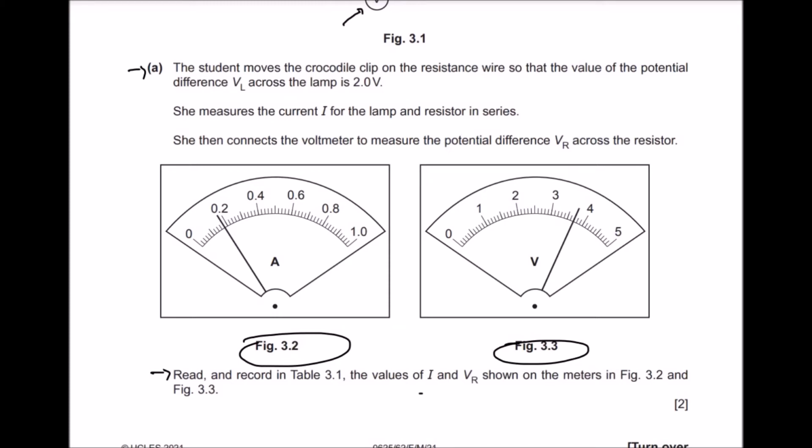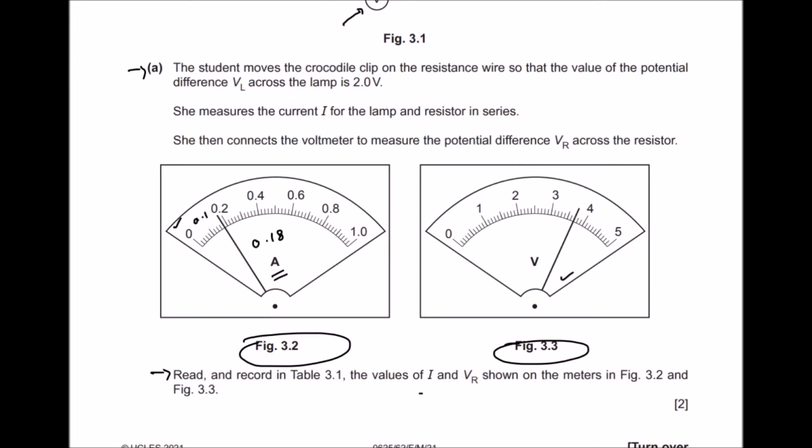Table 3.1 is given below. So let's read what the reading is on this meter. This is 0, 0.1, and after that the first line is 0.02, 0.12, then 0.14, 0.16, and finally this is 0.18. This is 0.18 on this meter.